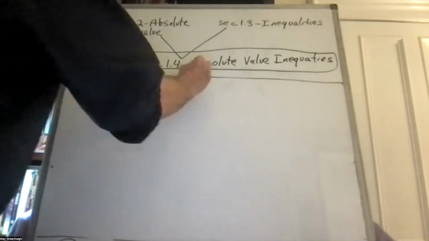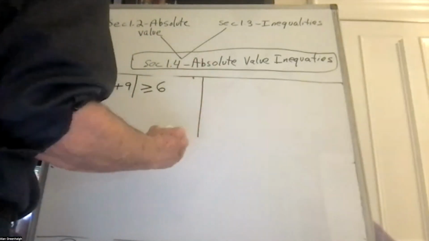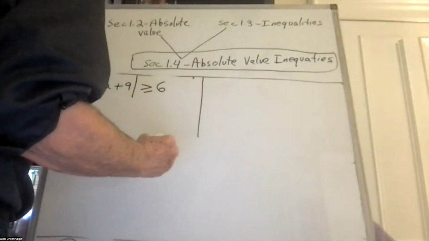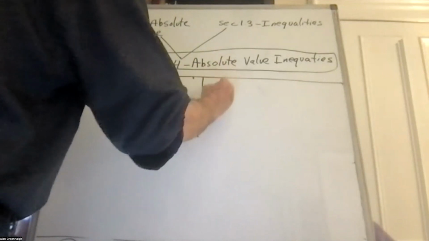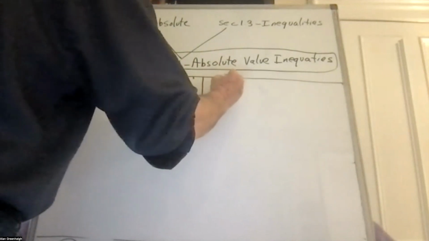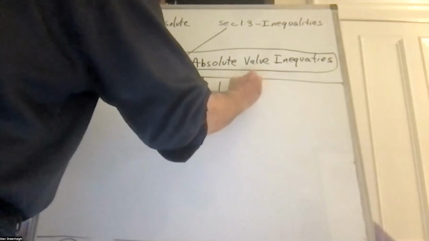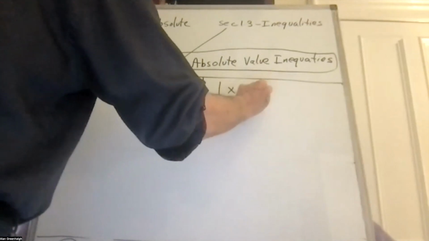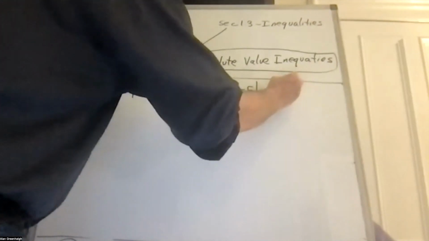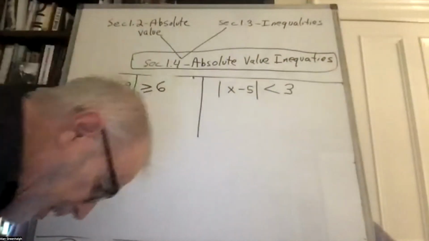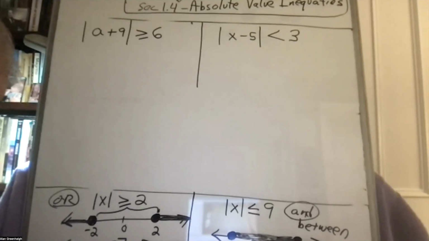But I don't want to give you any hints. So I'm not going to give you the hint. And this is the absolute value of x minus 5 less than 3. Okay, do those two problems. Let me begin doing this.